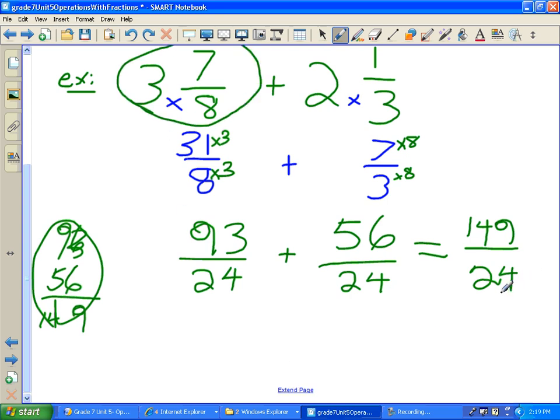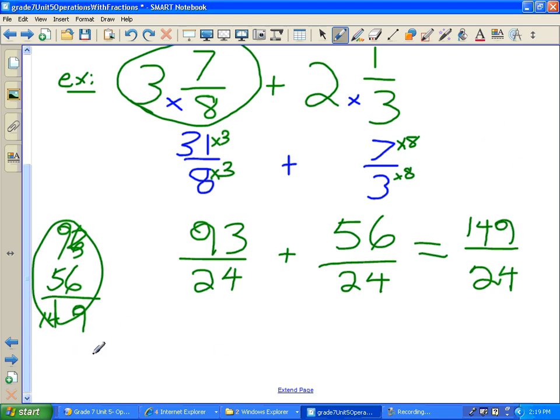Now the only thing I have left to do now is bring this back to a mixed number. So how many times will 24 go into 149? Well, it's almost 25. So let's count by 25s. So I get 25, 50, 75, 100, and then I'll probably get about 6 times, because 6 times will give me 150.